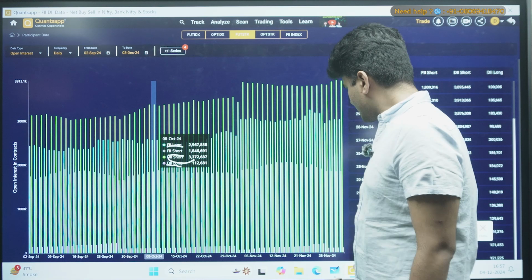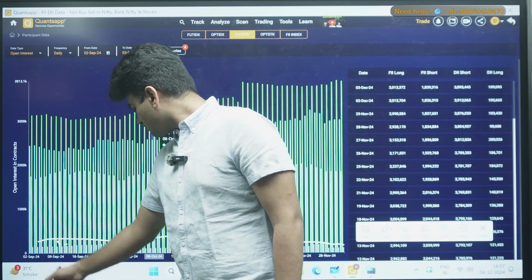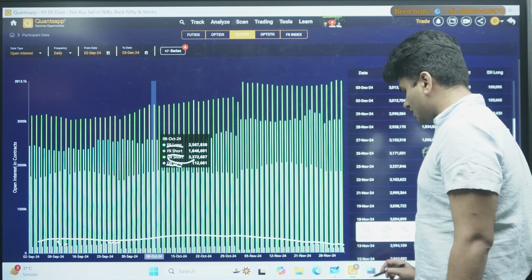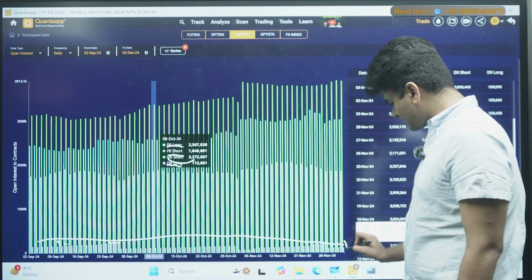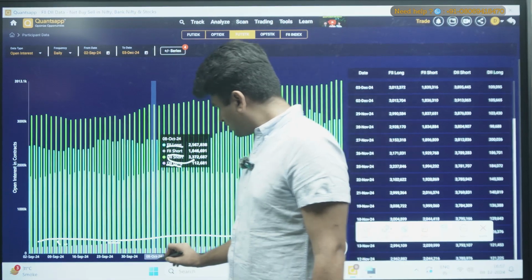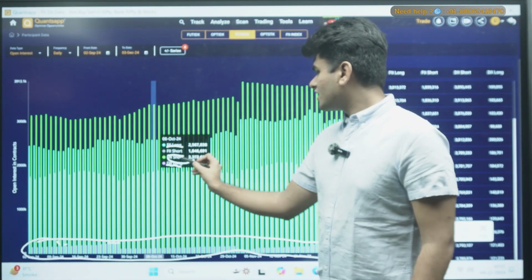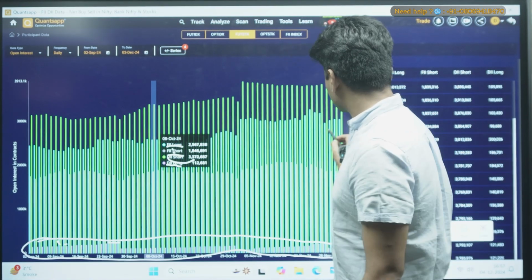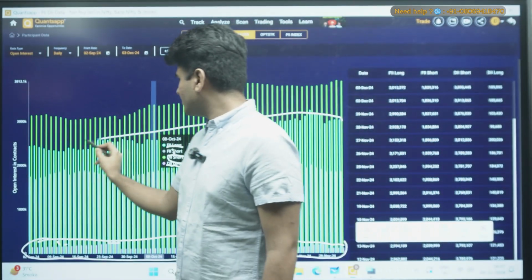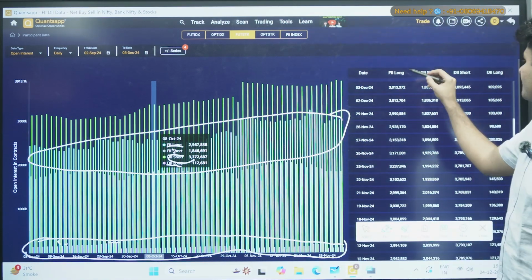So you can see that DII long we are not seeing in the past 2 months, okay. The past 3 months, you can see DII is not buying at all, okay. Whatever buying we are seeing is by the FIIs. You can see very good quantities of buying by the FIIs, okay.